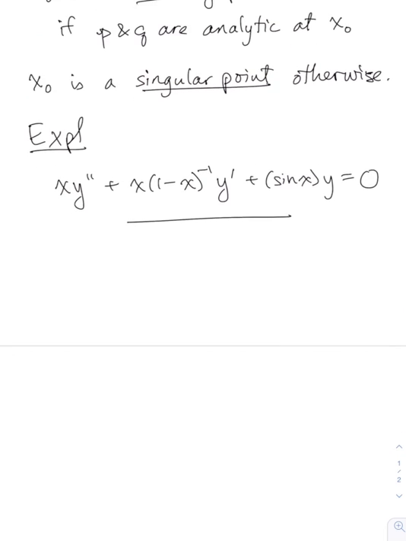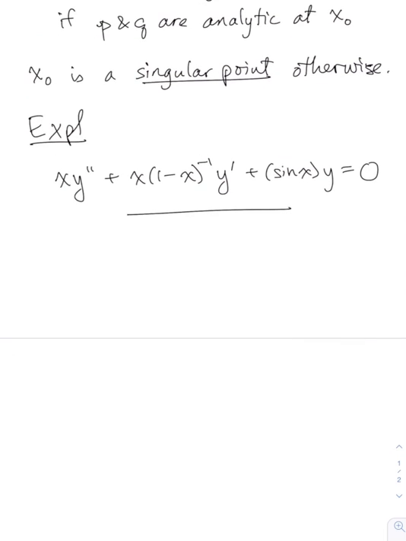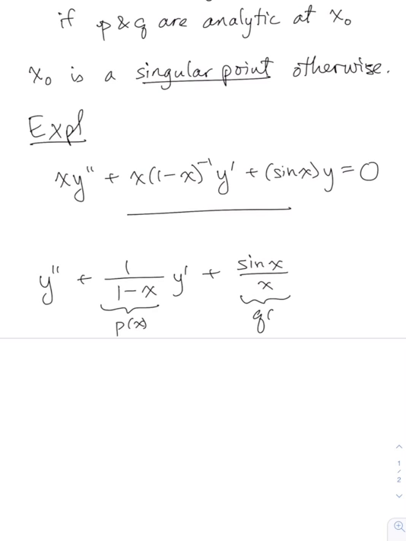Okay, first thing we want to do, of course, is put it into standard form. So divide everything by x. So my p then is 1 over 1 minus x, that's my p. And sine of x over x, that's my q.